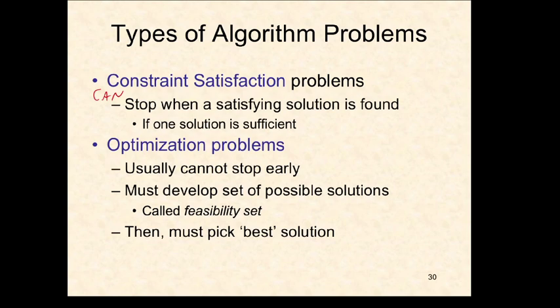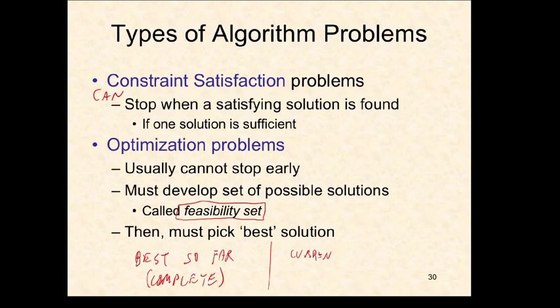So we don't generally maintain an entire feasibility set. What we're usually going to have is the best so far, and that's a complete solution. So I'm going to keep track of my best complete solution so far and my current partial solution.